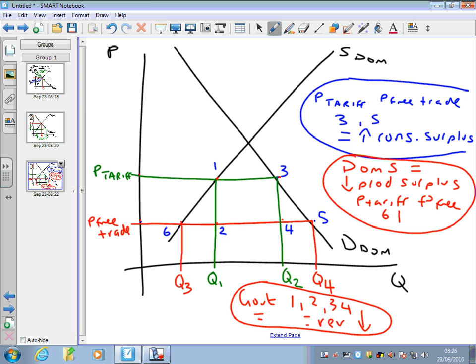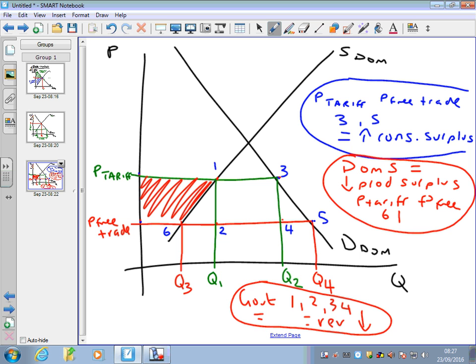So what we can do with this diagram, we can show the net gain for the economy of international trade. So what we would argue is that, okay, first of all, we'd have this huge area of consumer surplus gain. So that would be the P tariff, price free trade, 3, 5, that huge box there. But then what you would argue is, well, what's the overall benefit for the economy of that? Well, consumers have gained, but producers have lost. So that's not really a gain for the economy.